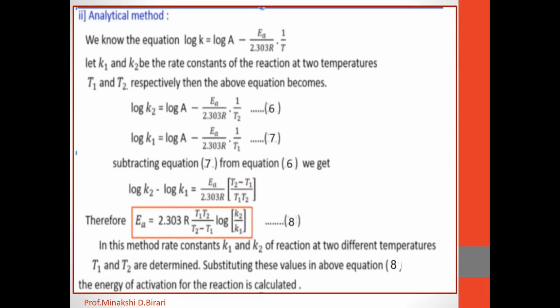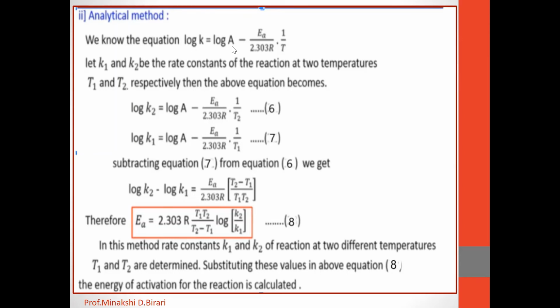Now let us see the second method, that is the analytical method used to determine the energy of activation. We know the equation log K is equal to log A minus EA upon 2.303 R into 1 upon T. Let K1 and K2 be the rate constants of the reaction at two different temperatures, T1 and T2 respectively.